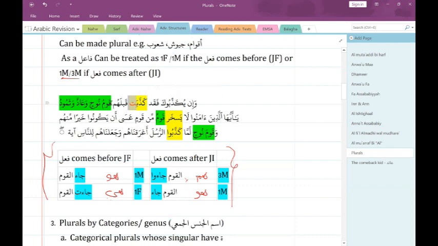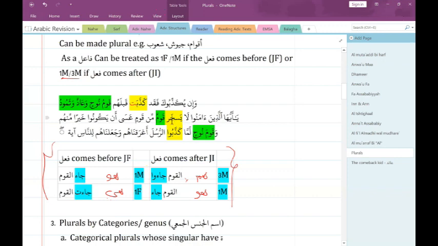Who is the one that did the lying or the rejecting? كَذَّبَتْ قَوْمُ نُوحٍ وَعَادٌ وَثَمُودٌ. So these are the ones that are doing the lying. And you can see this is feminine, and this is one of those words, قَوْمُ نُوحٍ. قَوْم is basically the doer, and then عاد and ثمود. These are the doers of that. So that's basically how it can come in that sense.